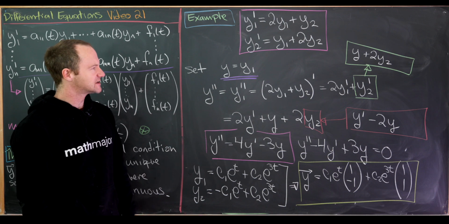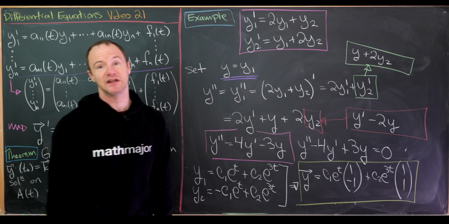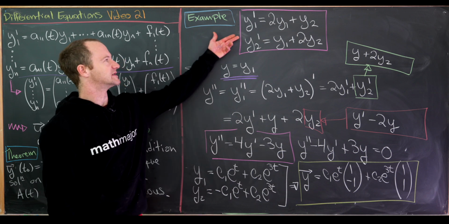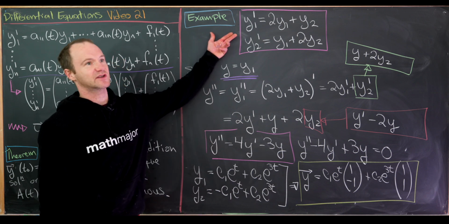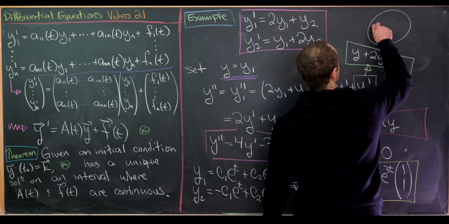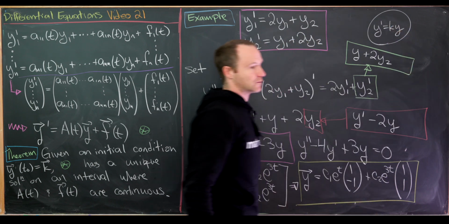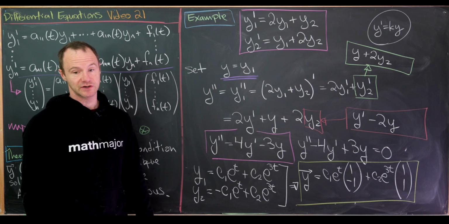Okay, so let's take some motivation from the fact that it looks like our solutions are exponentials, which makes sense because this is essentially like a generalized version of our favorite first order differential equation, which is y prime equals k times y, which had an exponential solution.